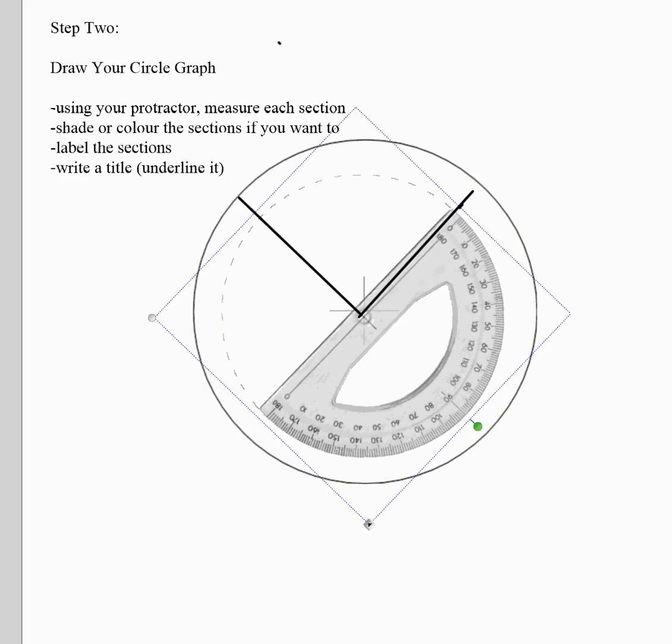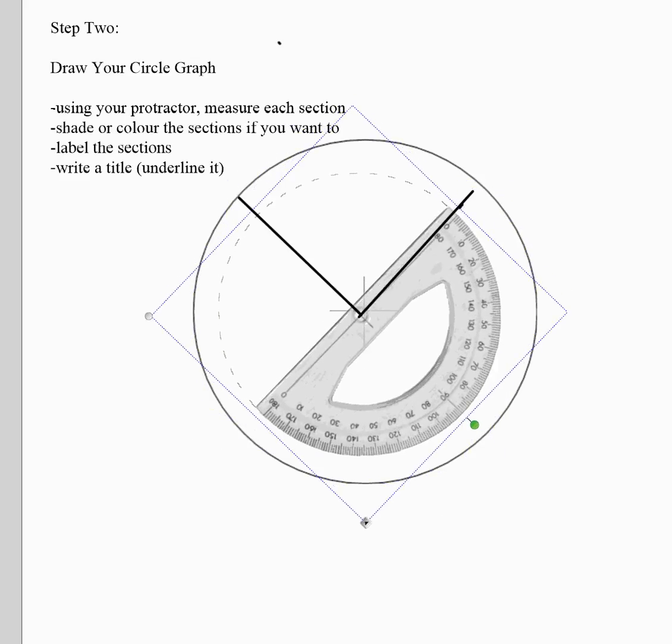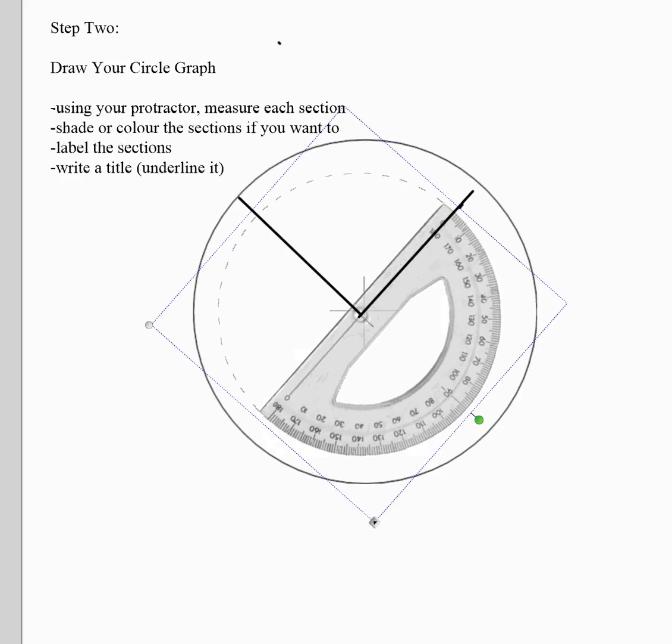Now notice as I did that, I need to make sure this middle section lines up and the lines are on each other. So right there. Again, Nike is 115 degrees, so I count to 115 degrees and I make a little tick mark. Then I get my ruler and my pencil and I make a new line that matches up.